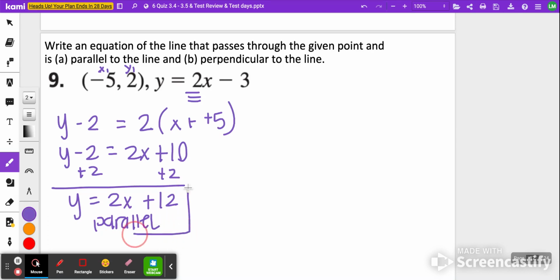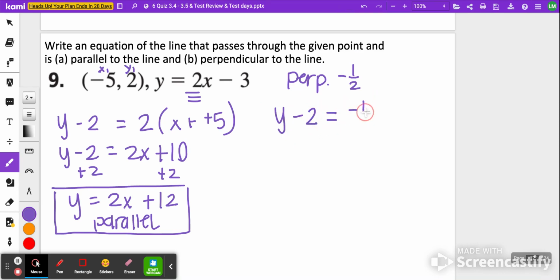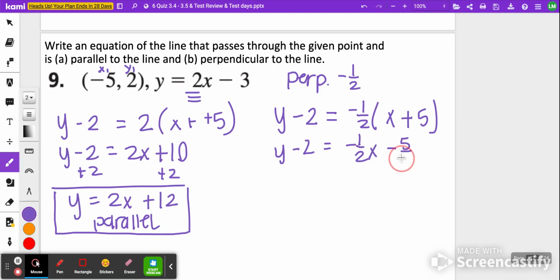Okay? You do the same thing for perpendicular, but my perpendicular slope is negative 1/2. So y minus 2 is equal to negative 1/2, parentheses, x plus 5. Simplifying that, y minus 2 is equal to negative 1/2 x minus 5 halves.